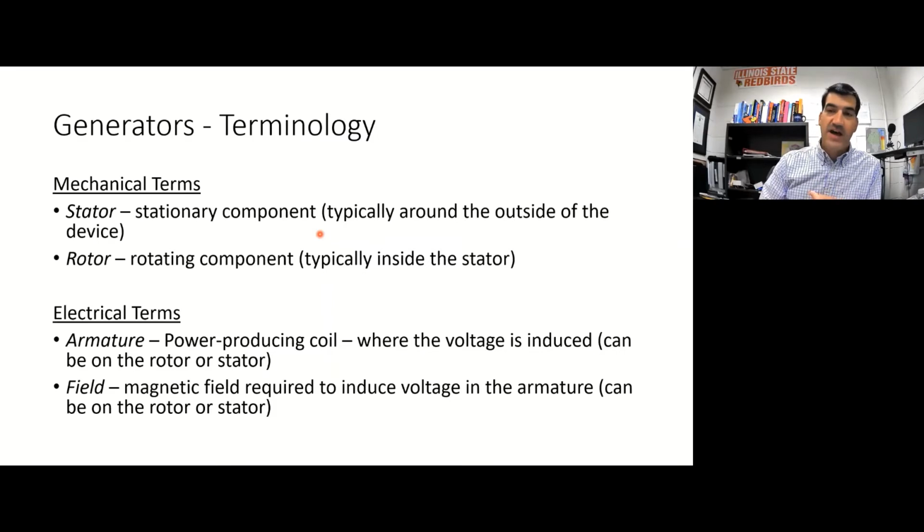All right. It's important to note here that the armature and the field, either one, could be on the rotor or they could actually be on the stator. And so far in our fundamental prototypical generator, we have drawn the armature on the rotor, right? We've just drawn that single coil of wire and imagined that rotating inside the magnetic field.